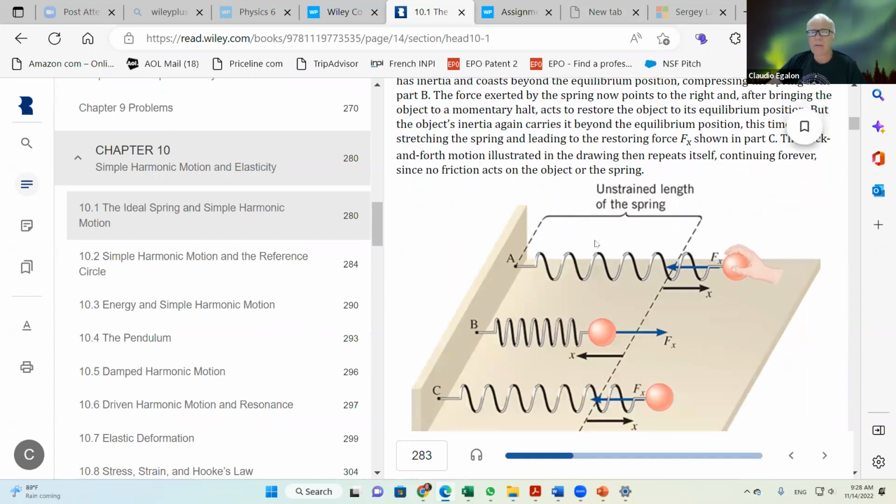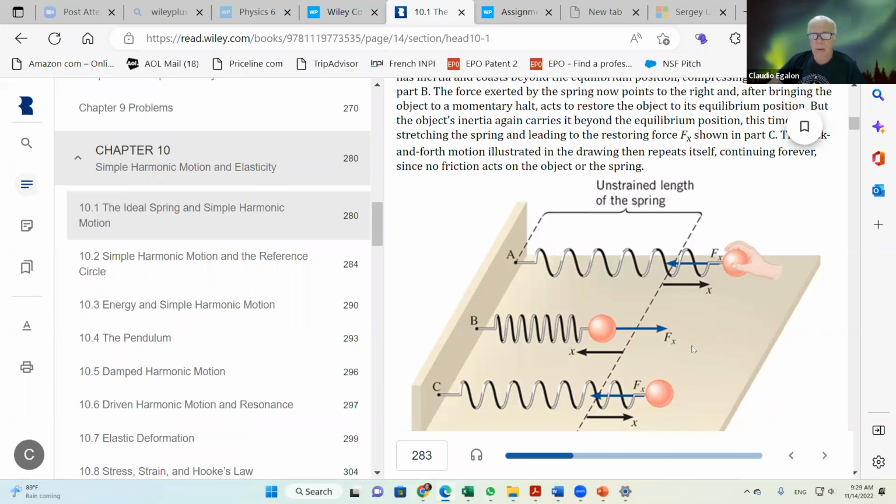See, that's the unstrained length of the spring, the position x, right? The position x is with respect to the unstrained length of the spring. If the unstrained length of the spring is this one right in here, any amount of displacement from this position of equilibrium will result in an elastic force.